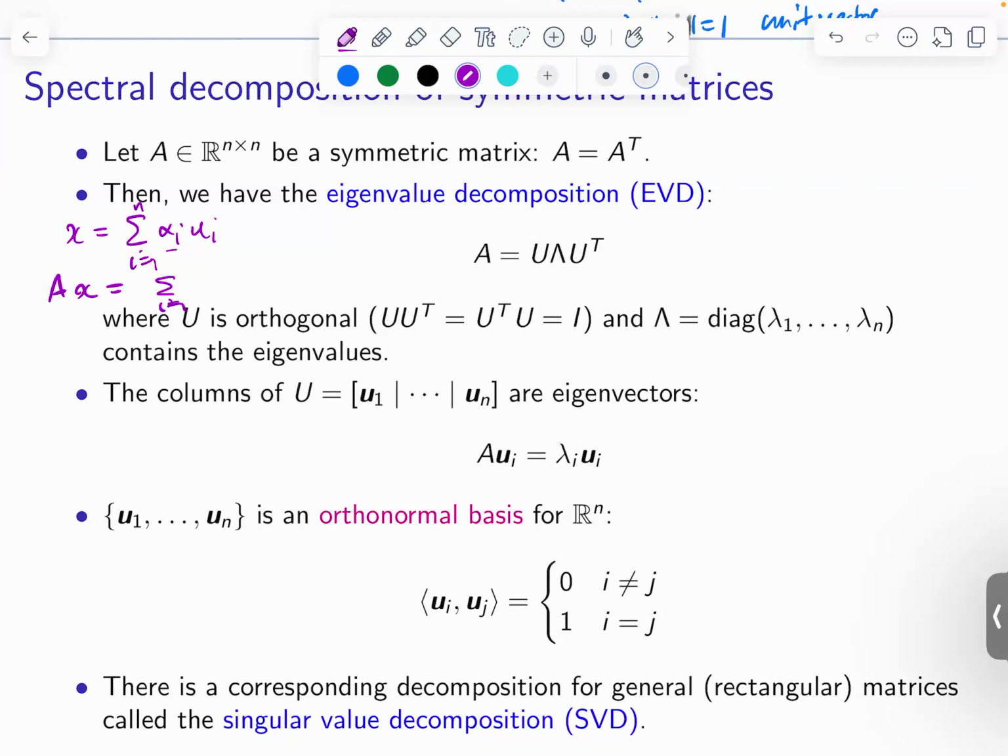You get the sum from i = 1 to n of A times alpha_i u_i, and then, again because A is a linear operator, alpha_i comes out, and you get A times u_i. But A times u_i is what?